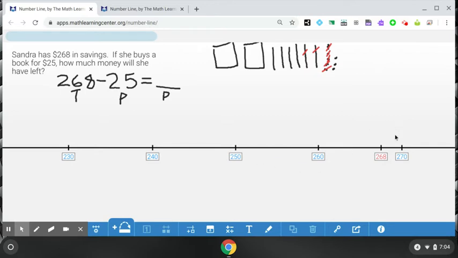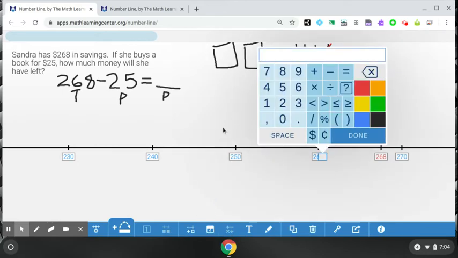When we look at it on the number line, we're going to see what it would look like if I took 10 away on the number line, just like I took 10 away from the base 10 blocks.